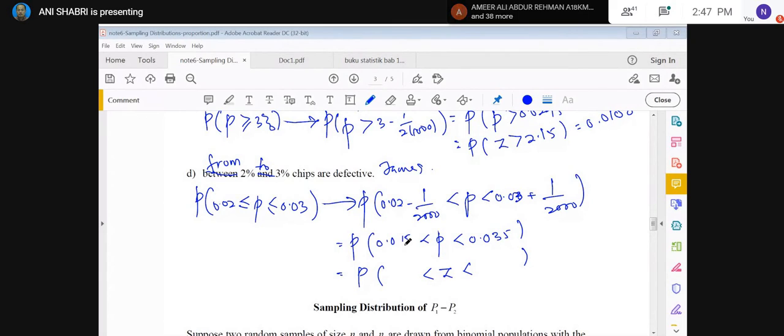Yang ni 0.0195. Oh, 95, bukan 5. Okay, 0.0195. Okay, ini sama 3 dengan 0.0305. Okay. Betul. Okay, try calculate apa nilai Z.